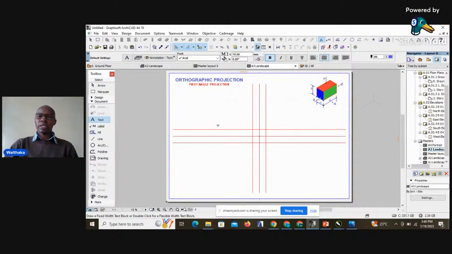So since we are supposed to project A, B, and the plan, our end view, because it's on our left-hand side, will go to the right.